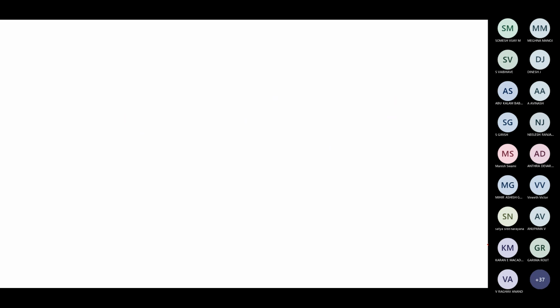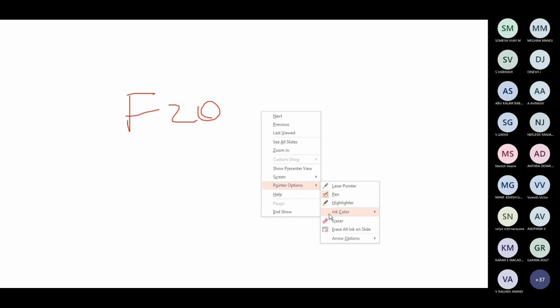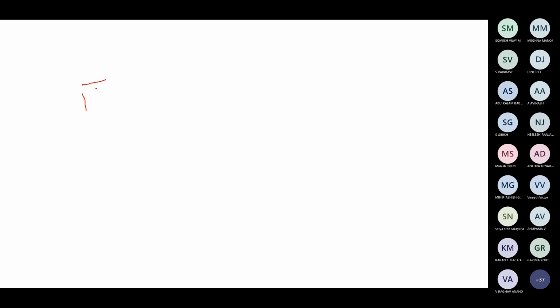When you perform the chi-square test, students, you will get two parameters: the F score and the p-value.